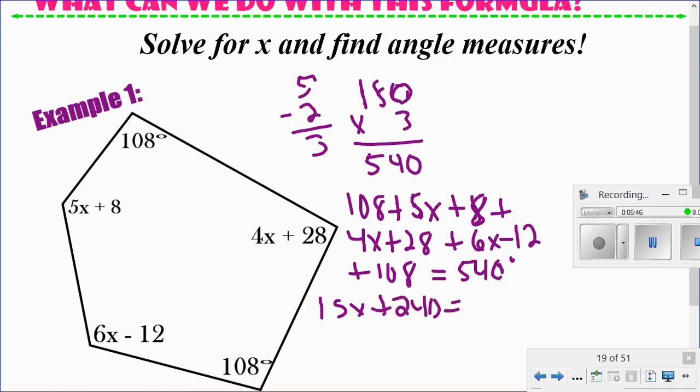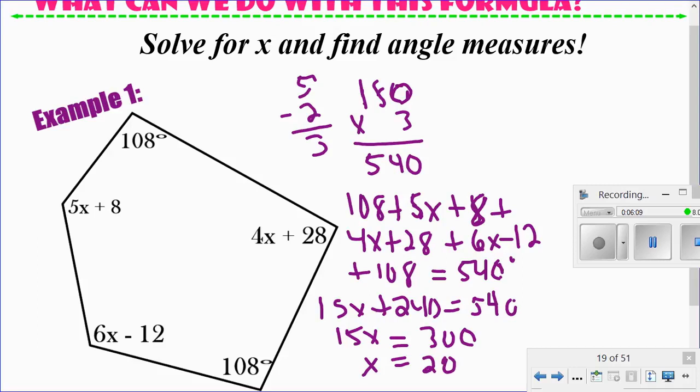So that equals 540. So I'm going to subtract 240 from each side. I'm getting 15x equals 300. And I'm going to divide both sides by 15. And I'm getting that x equals 20.